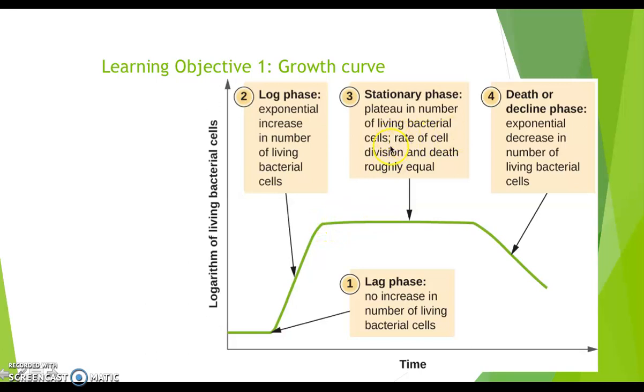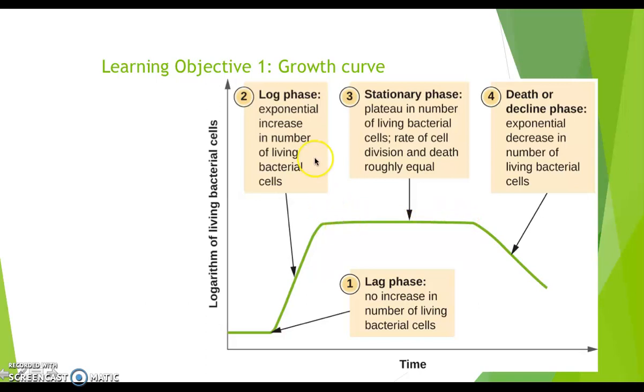So here it says rate of cell division and cell death are about equal. So you get a kind of flat number. At this point, the population is really stable. Their metabolism slows down a little bit. They're not doing this constant rapid cell division. So the bacterial metabolism slows down a bit here.